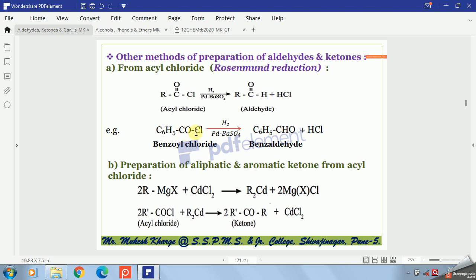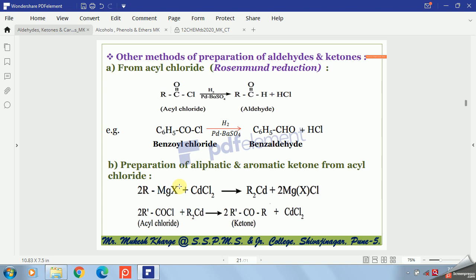So benzoyl chloride undergoes Rosenmund reduction. It simply replaces the Cl by H. So C6H5CHO. Don't write it as COH. You always write CHO as the functional group of aldehyde. So what is your product? Benzaldehyde.